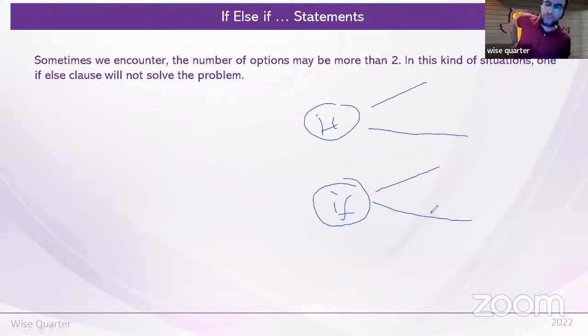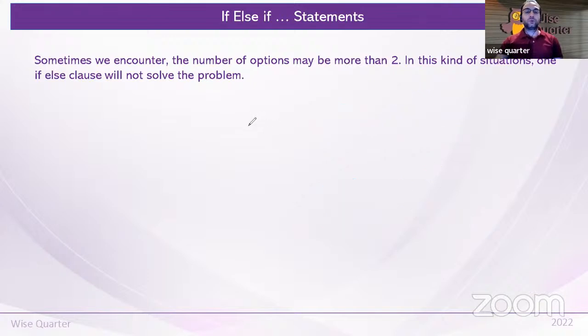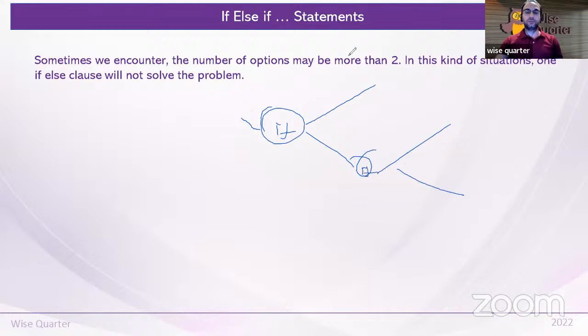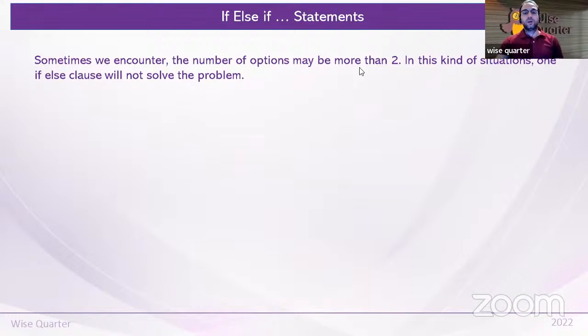If you use a lot of different ifs in the coding, they will do different things according to statements, but they won't be connected. To create this kind of connected ifs, we have a different way to do it. So we will learn it now.